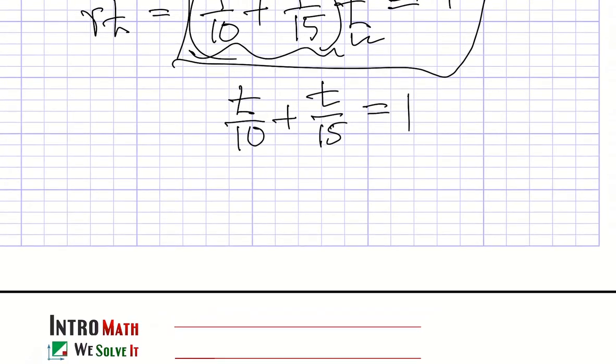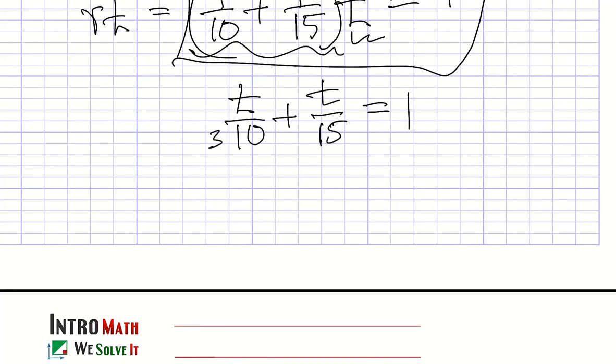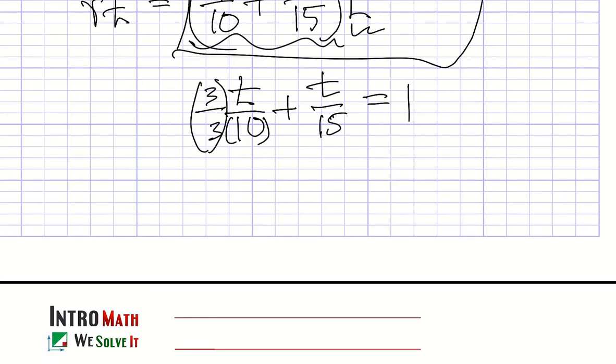Since this is 10 and 15, the common denominator has to be 30. So we use our trick. If you multiply this by 3, it will give you 30, so we put 3 here. If you multiply this by 2, it will give you 30, so let's multiply that.